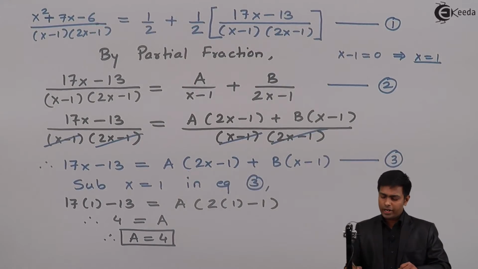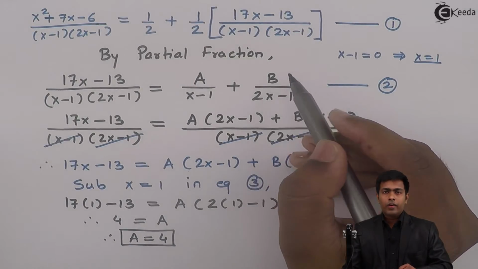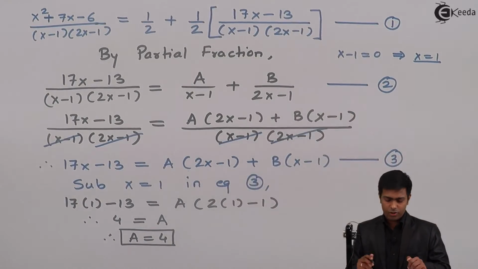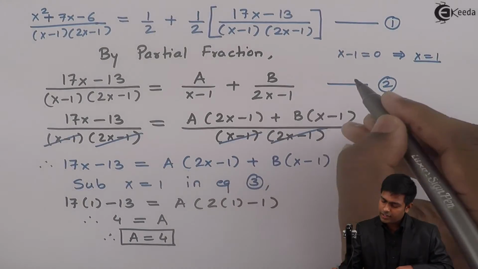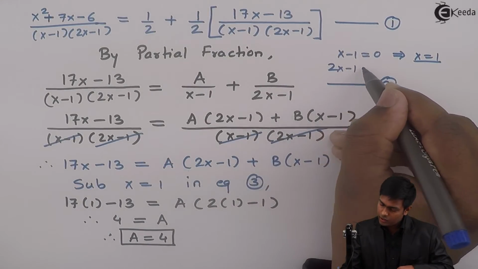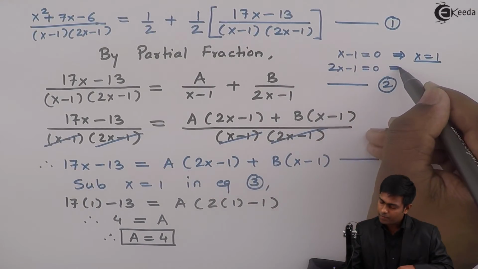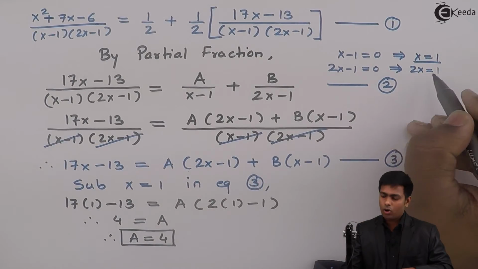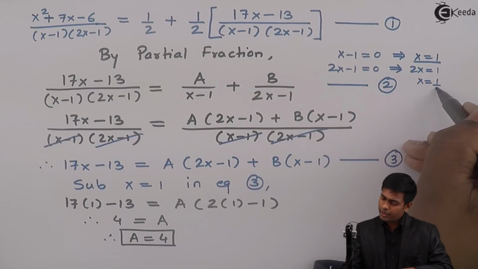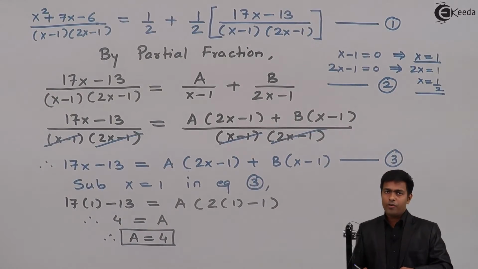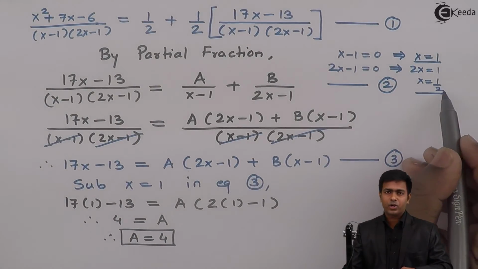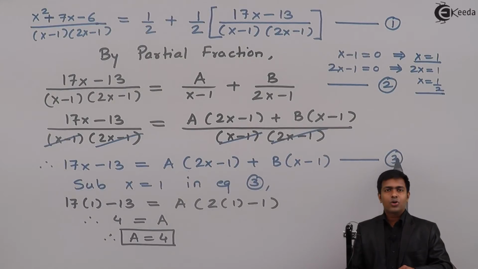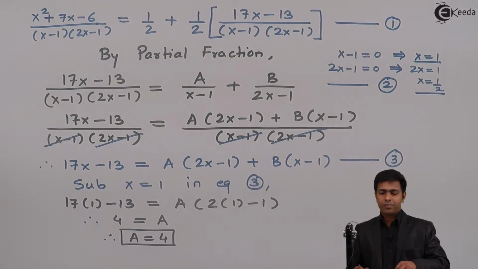Now similarly, to get value of b, we will assume the denominator of b as 0. So here the denominator of b is 2x minus 1. If we will assume it 0, then we will get 2x equal to 1 or x equal to 1 by 2. So now we will substitute x equal to 1 by 2 in this third equation to get the value of b.